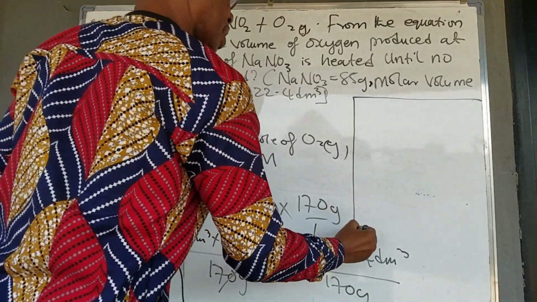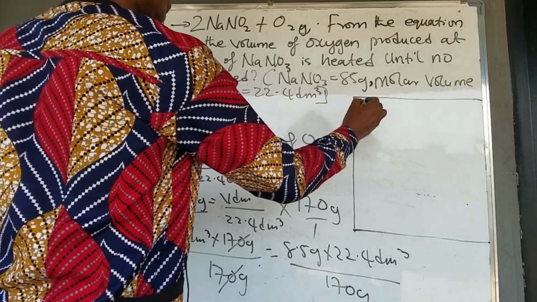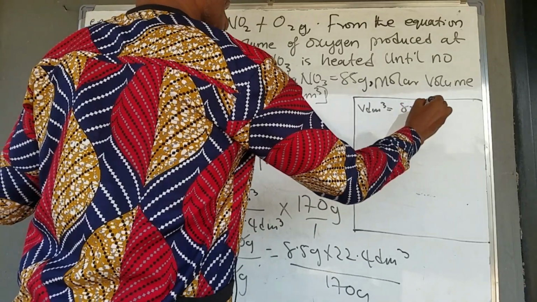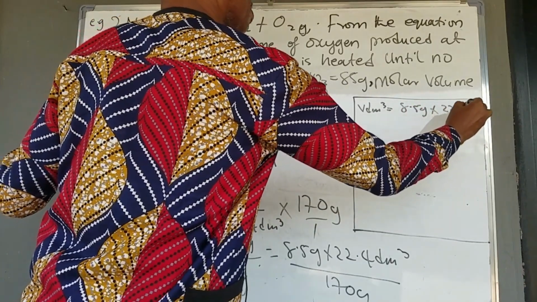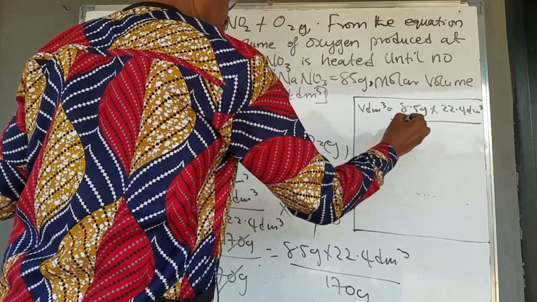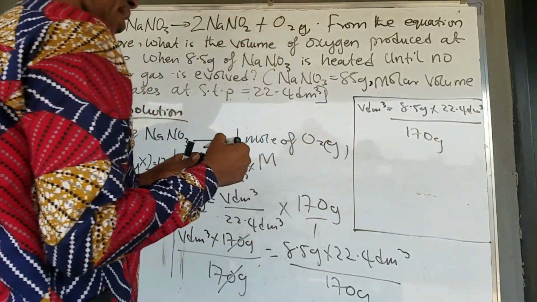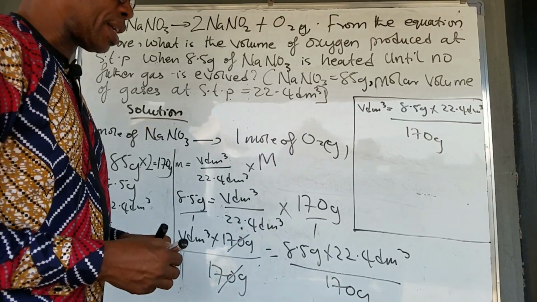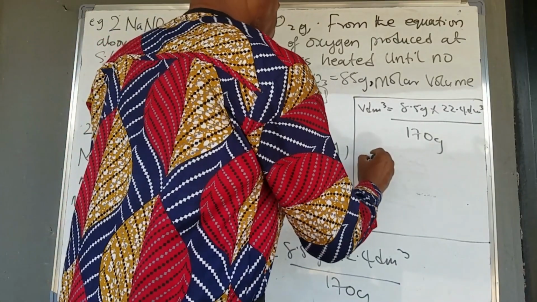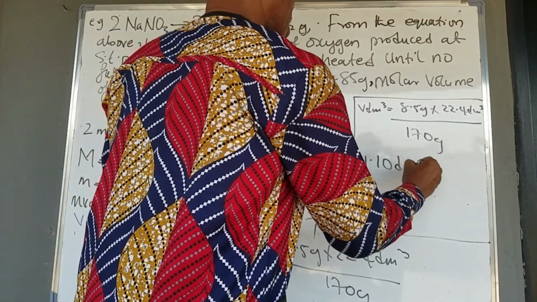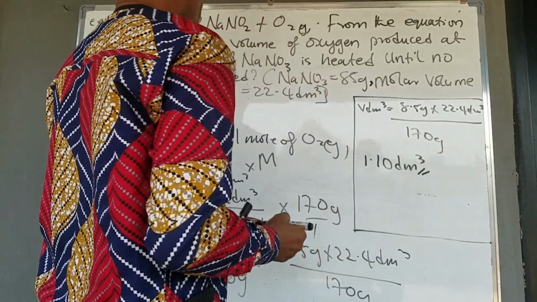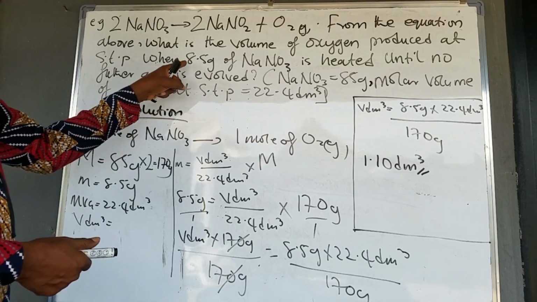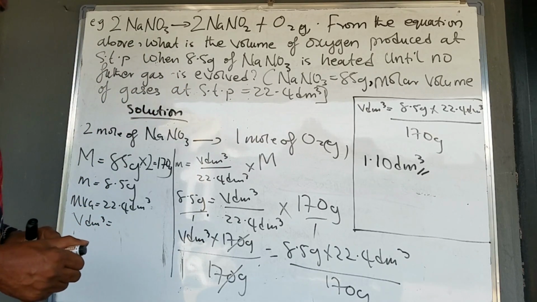So what we have left here is volume in dm³ is equal to 8.5 gram times 22.4 dm³ divided by 170 gram. And the answer is absolutely 1.12 dm³. That is the volume of oxygen that will be produced at STP if I use 8.5 gram of sodium nitrate.